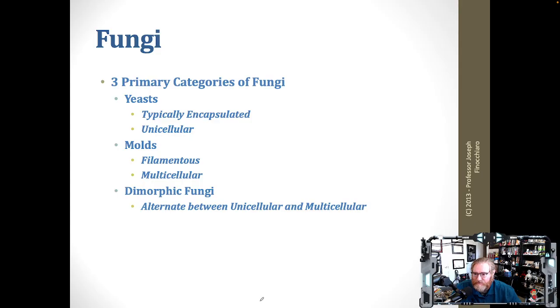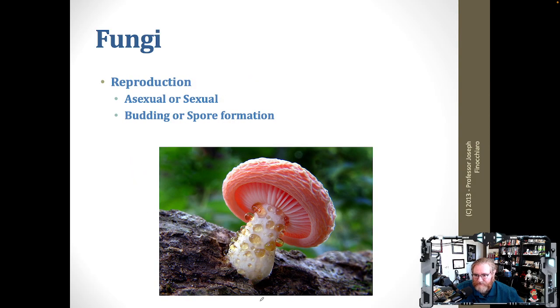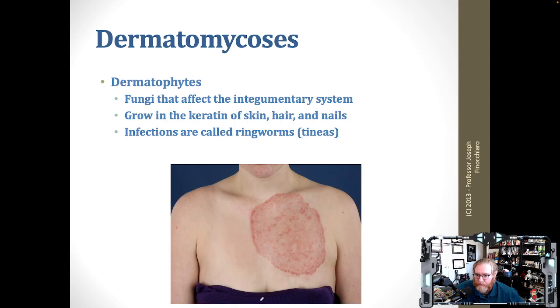Yeasts are typically encapsulated and unicellular. Molds are filamentous and multicellular, and the dimorphic alternate back and forth between unicellular and multicellular. They reproduce sexually or asexually, usually by budding or spore formation.